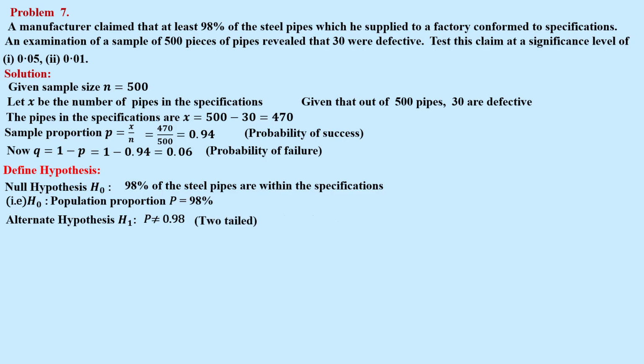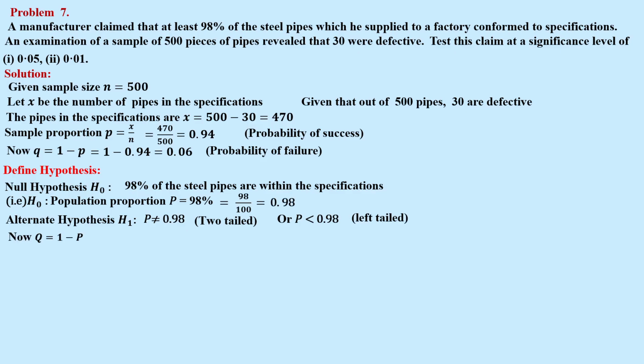So this is two-tailed. Or you can take less than that one. He claimed 98%, but the number of pipes within the specification is less than 98%. You can use that test also. That is left tail, P less than 0.98.